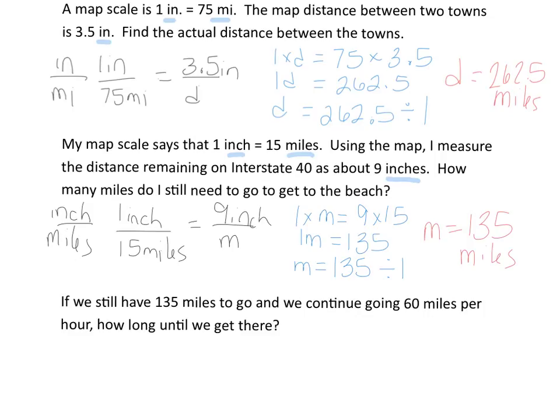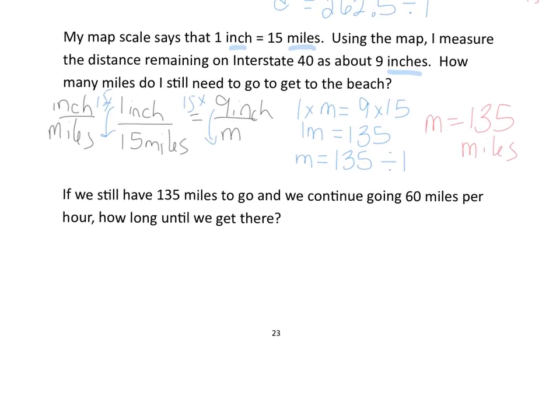Another way we can approach these problems is to say 1 times 15 is going to give you 15, so 9 times 15 would give you m. And notice that when we cross multiplied, that's what we ended up doing. So if you prefer to do it that way when you can see relationships, that's fine to do as well.